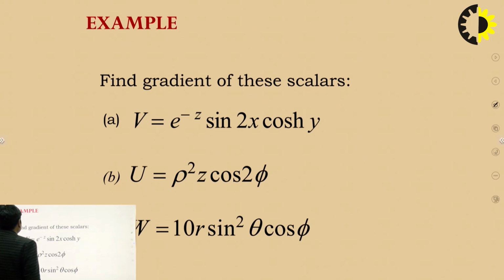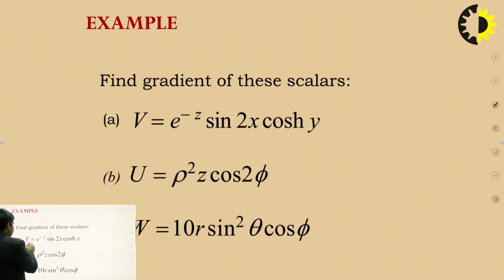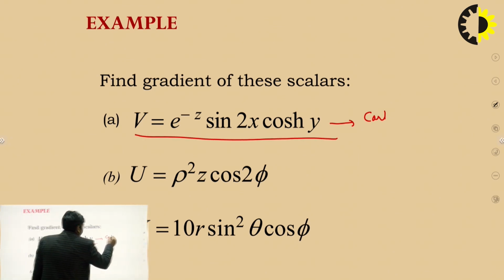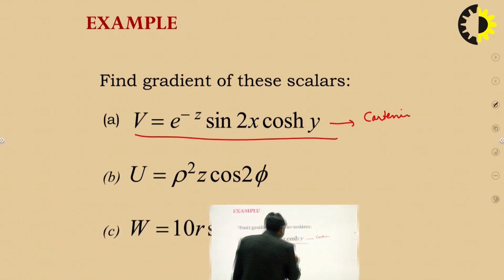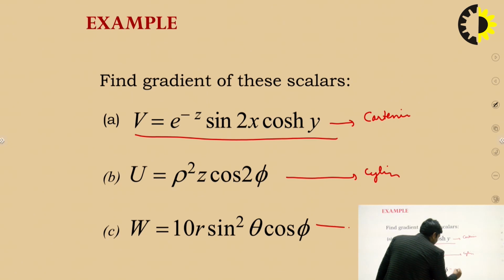So now we solve the example. You have to find the gradient of this scalar field by using the previous formulas that I discussed here. The first is the case of the Cartesian coordinate system, the second is the cylindrical coordinate system, and the third is the spherical coordinate system.